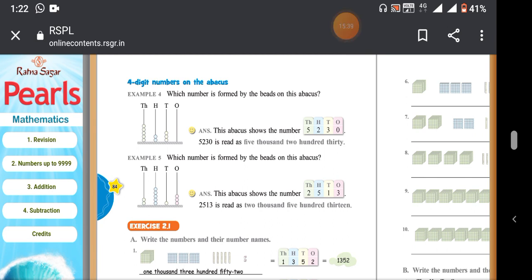Four-digit numbers on the abacus. Next example, which number is formed by the beads on this abacus? So observe the picture, children. In the ones place there are no beads, so in the ones place we have to write 0. Next, in the tens place there are 3 beads, so in the tens place we have to write 3.